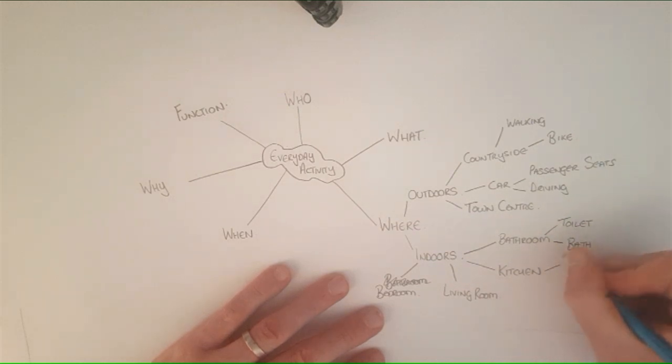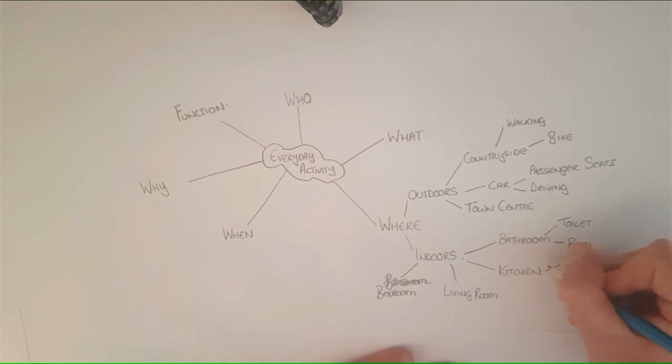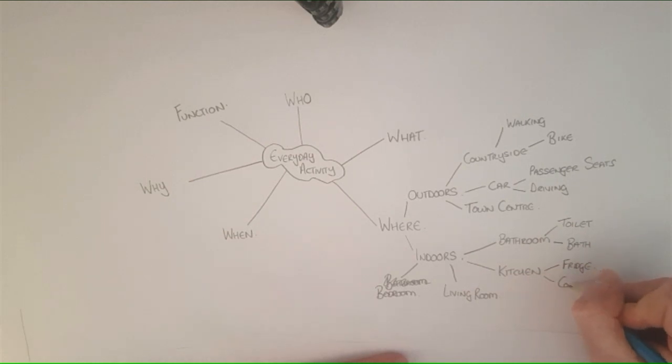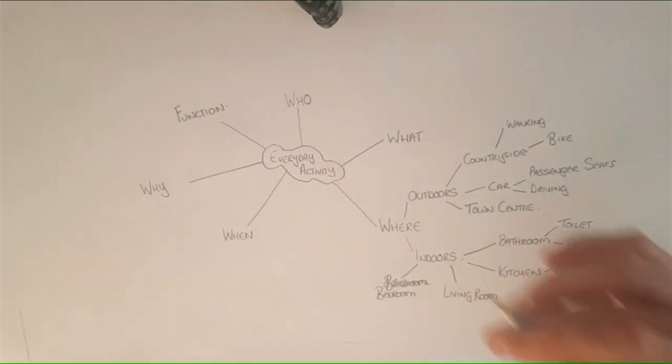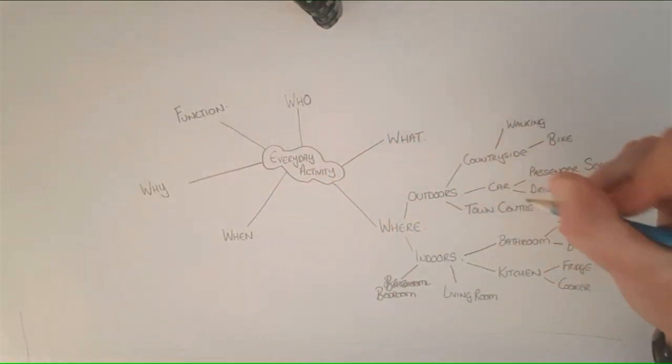In the kitchen, whereabouts in the kitchen? So you've got maybe opening a fridge. So fridge. You've got the cooker. So think about things that could hamper somebody with the cooker. There's lots more that you can go into a lot more detail there.